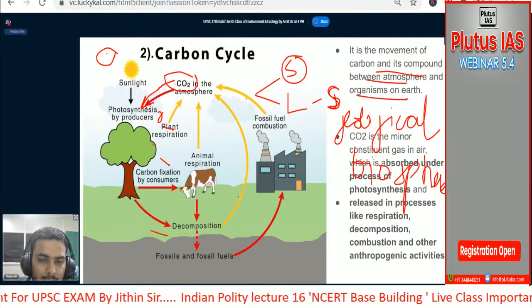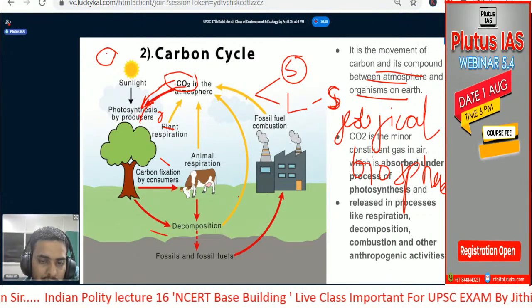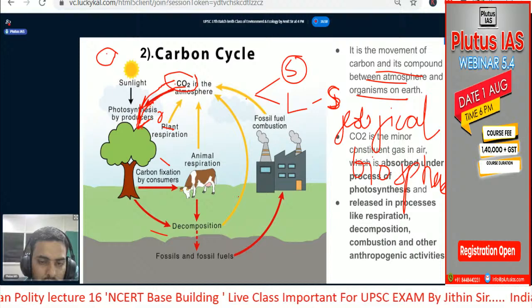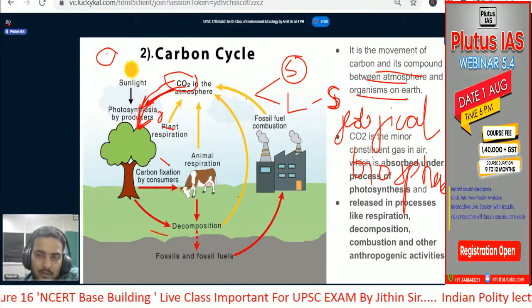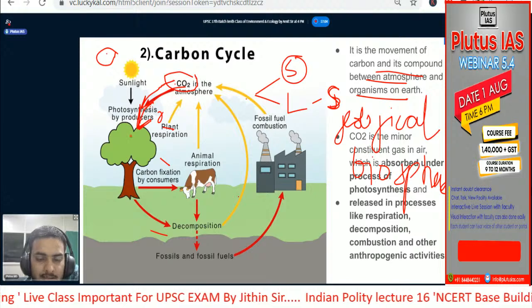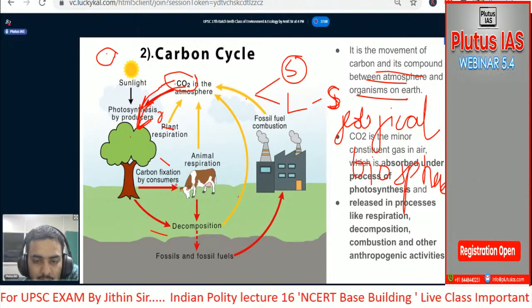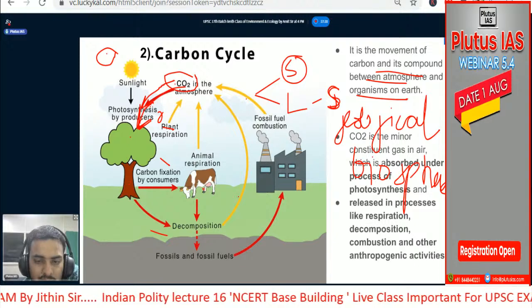So the carbon dioxide from the atmosphere goes via photosynthesis into the food chain, or you can say the organic chain. It enters trees, then the producers are eaten by herbivores and it enters the food chain.